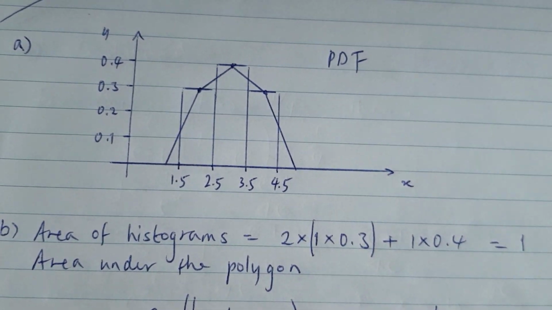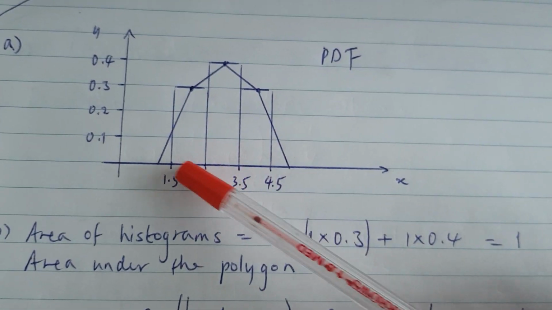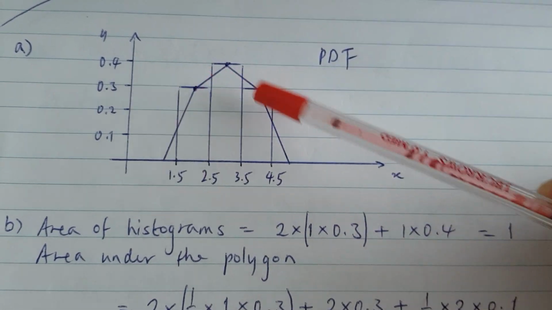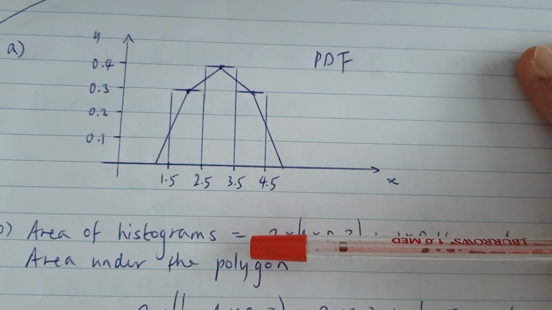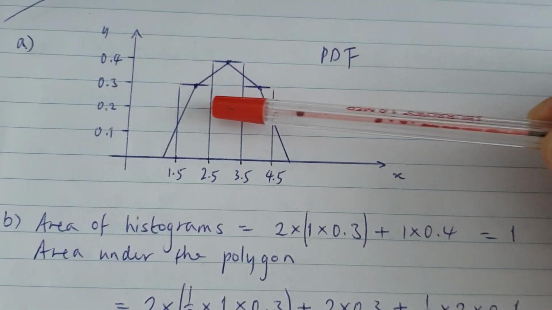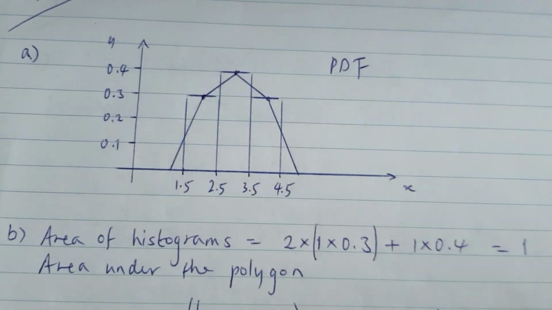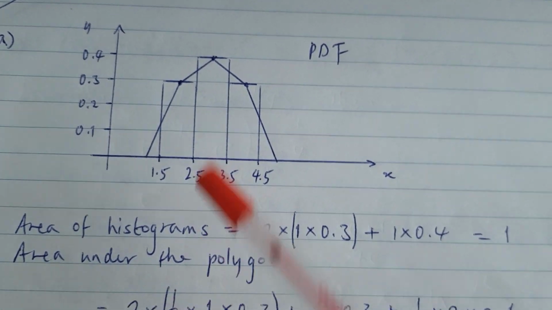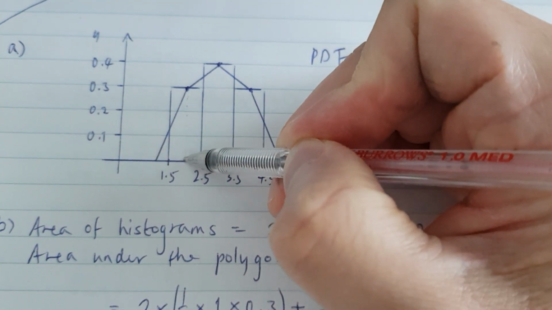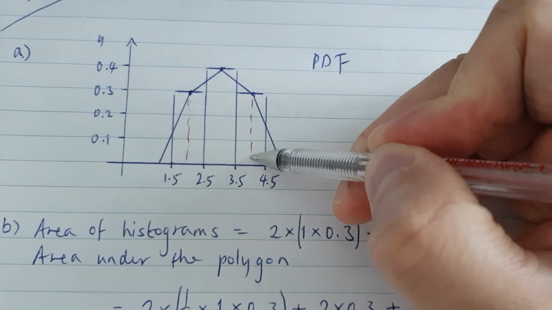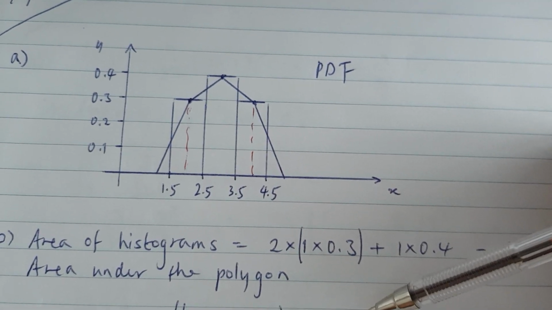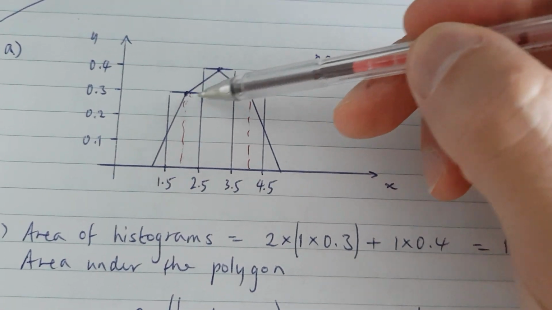Is it half times 1 times 0.3? So what I've done is those two congruent triangles, and then this top triangle, and then that one there, the rectangle. So that's 2 times that triangle, those two same triangles, and then 2 times 0.3, so that rectangle.